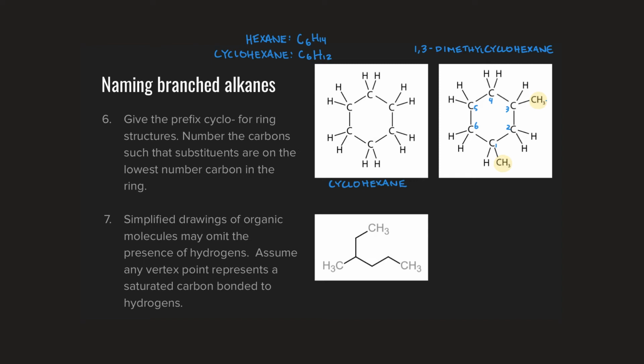Now, another quick note here about these branched alkanes. Sometimes you'll notice here that as we get more and more complicated shaped molecules, we've got all sorts of carbons and hydrogens all over the place. As we saw just a couple of slides ago, sometimes to simplify a drawing of an organic molecule, we might omit the presence of hydrogens in our drawings and even omit the presence of carbons, showing each one of the vertex points along the diagram as a saturated carbon.